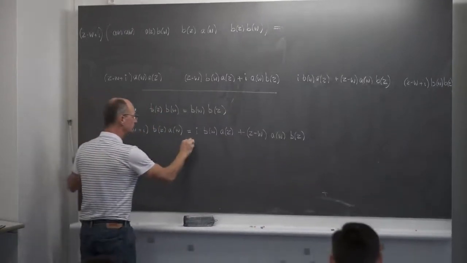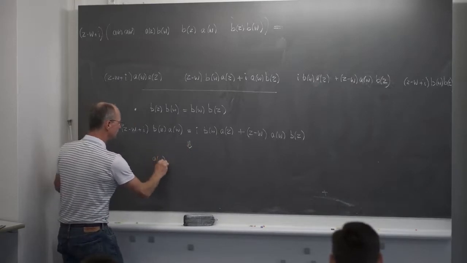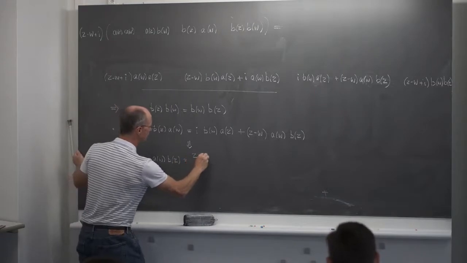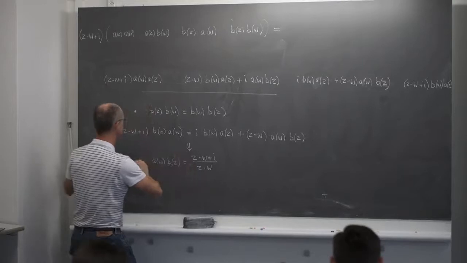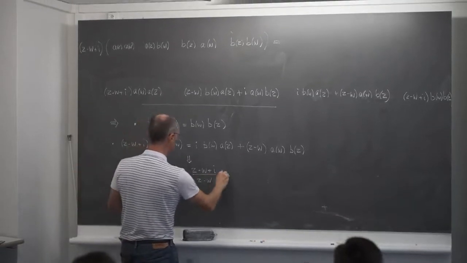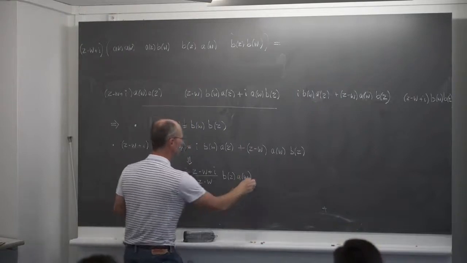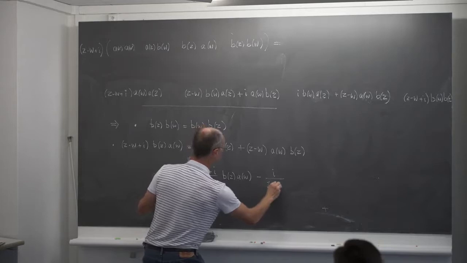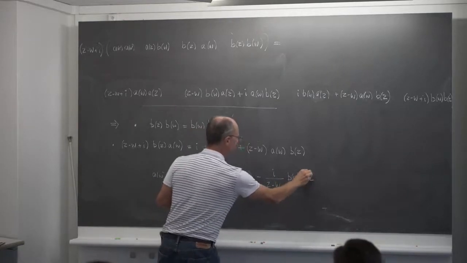I would like to rewrite it in the following way. A of w, B of z is z minus w plus I over z minus w, B of z, A of w minus I over z minus w, B of w, A of z.